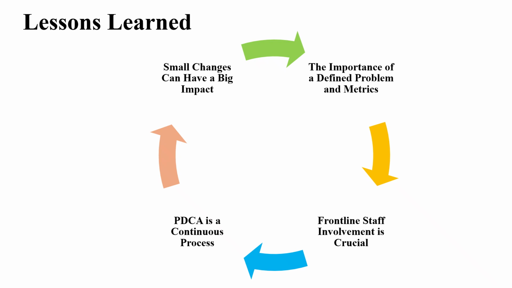The PDCA is a continuous process. The PDCA cycle proved that a targeted small-scale change focusing specifically on the time of the medication window can lead to a significant measurable improvement.